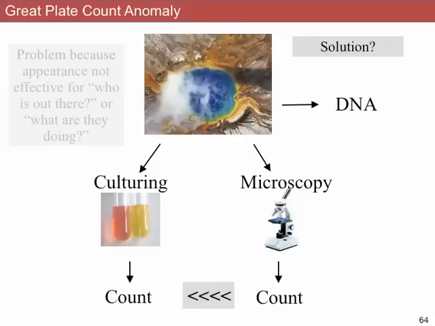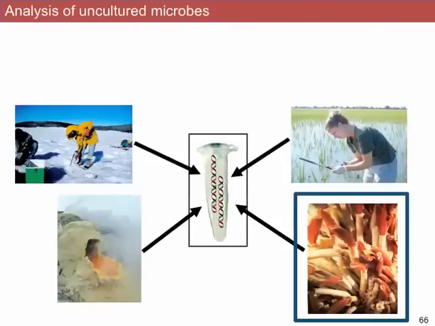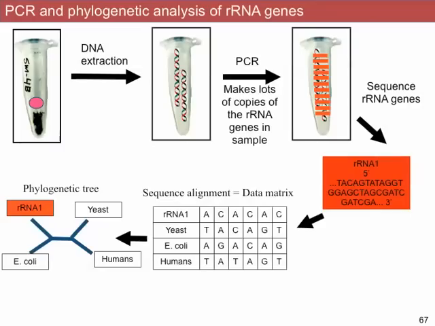And it turns out you can take that DNA and read the ribosomal RNA genes in that DNA just like you would from a cultured organism. You can build an evolutionary tree, and now you've never grown the organism in the laboratory, but you can tell evolutionarily what it is related to and study the types of organisms in an environmental sample without ever rearing them in the laboratory. And so this works.